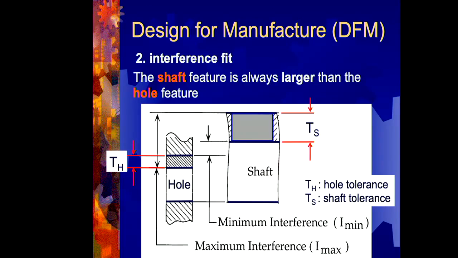We will nominate a fit from a lovely little guide that I'll show you in a sec that provides us with an idea of what a suitable fit is for the application. And that'll be enough for this introductory class. And then we go to tables and we can find out what the numbers are that will provide us with a reasonable size tolerance rectangle or tolerance height for our manufacturing range.